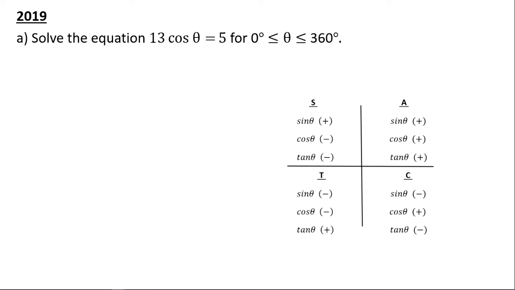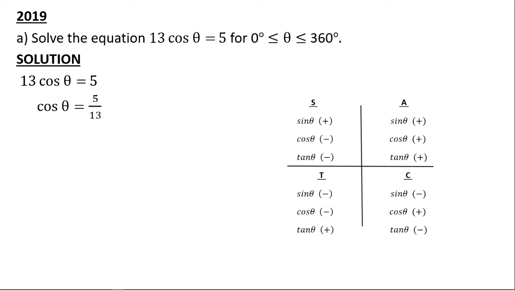2019. Solve the equation 13 cos theta equals 5 for 0 degrees less than or equal to theta less than or equal to 360 degrees. So we are going to say 13 cos theta equals 5. If we have to remain with cos theta, we have to divide both sides by 13.